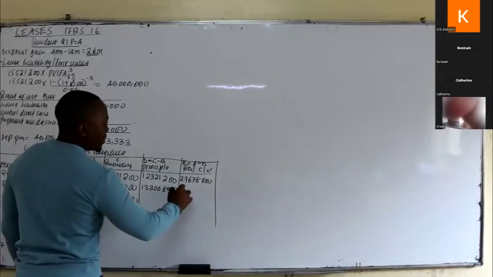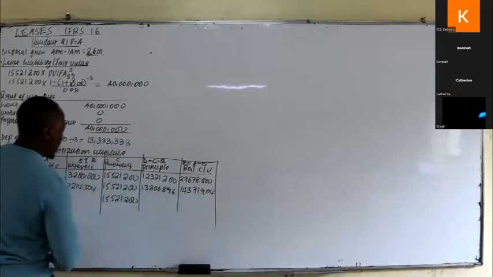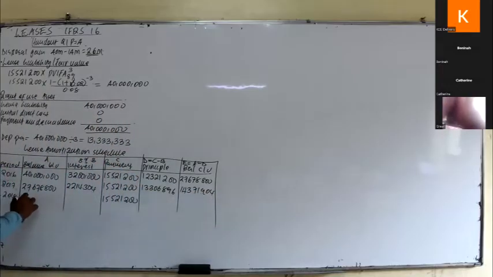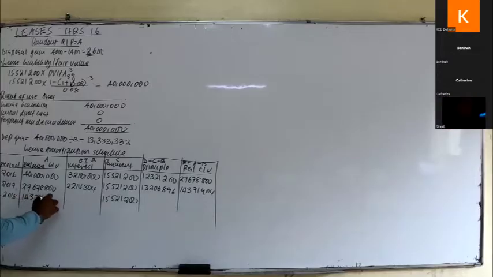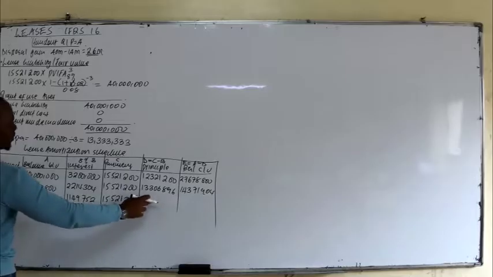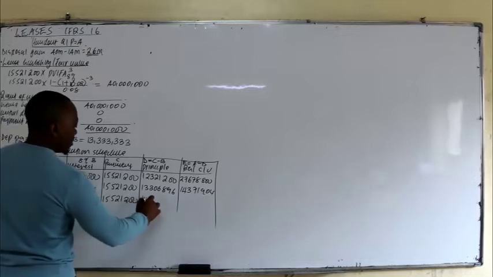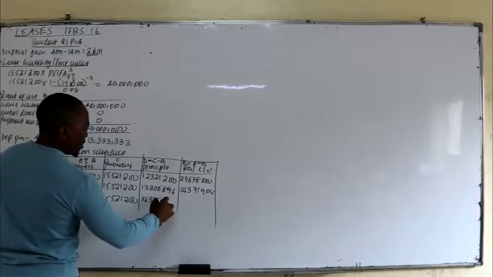904. So the balance carried down becomes the opening balance. So you have 14,371,904. Interest at 8%: 752. So you get the principal. You take the payment, you minus the interest. 14,371,448.